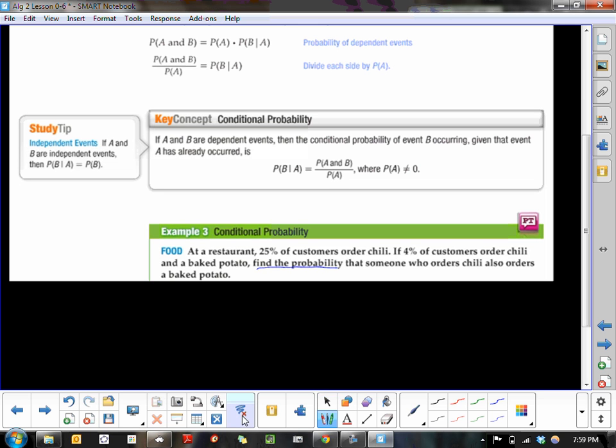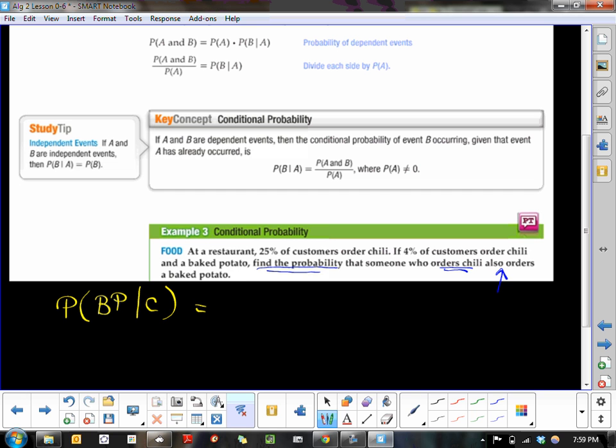Given that language, we want to find the probability that they will order a baked potato given that we know they ordered chili. So this is the conditional probability we're going to be looking at.